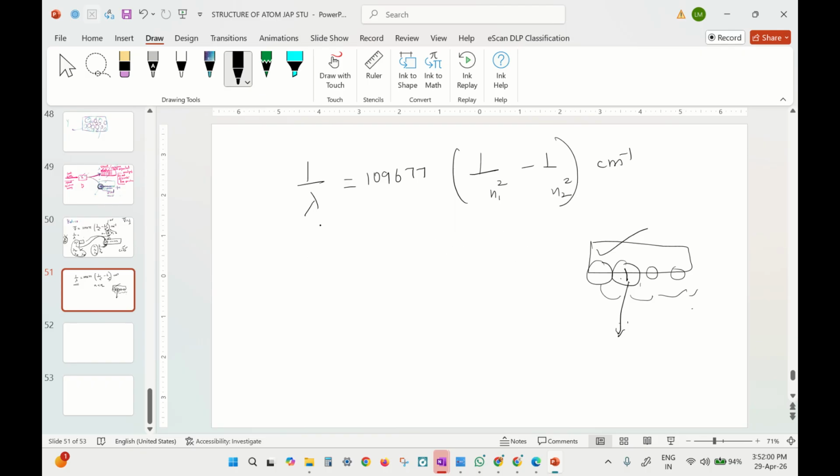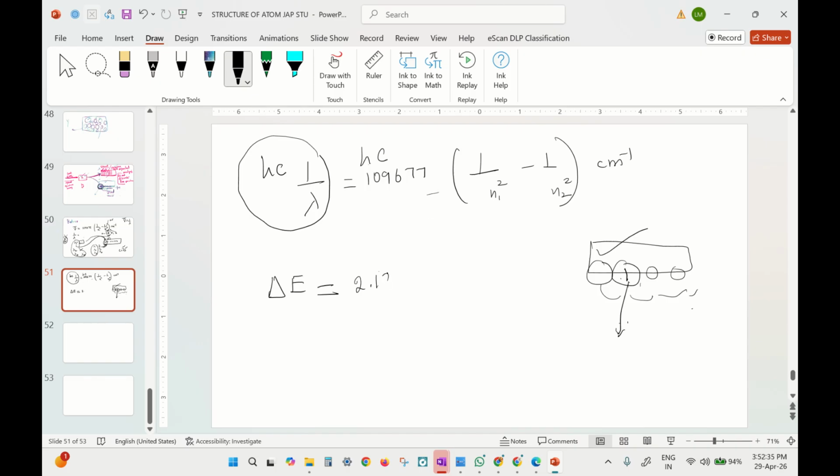Now I'll tell you. We know E is equal to h nu, and we know E is equal to hc by lambda. If I multiply hc on both sides, I can get the energy, so I can write this equation as an energy equation. Multiplying with hc gives 2.18 into 10 to the power minus 18.